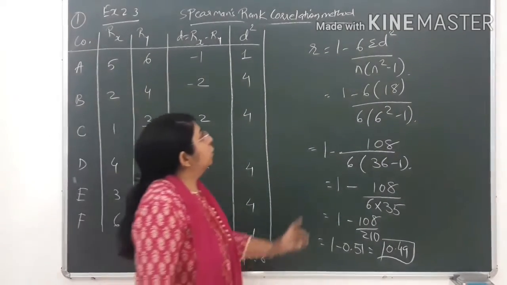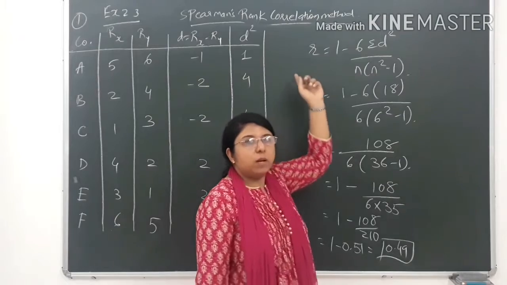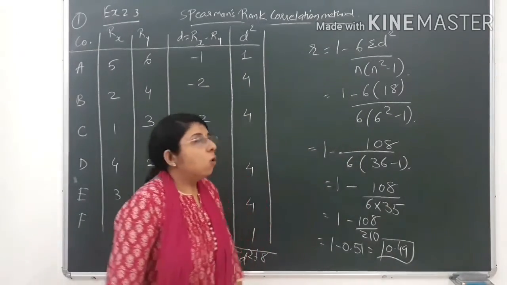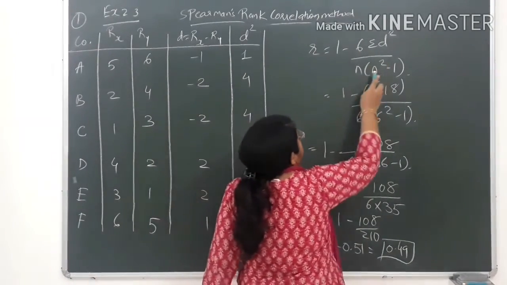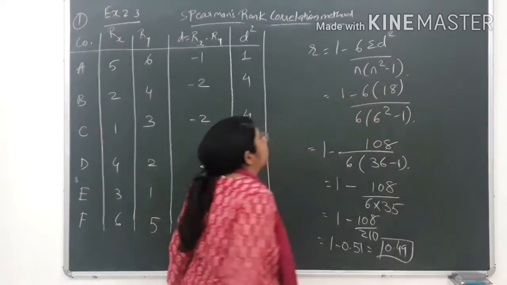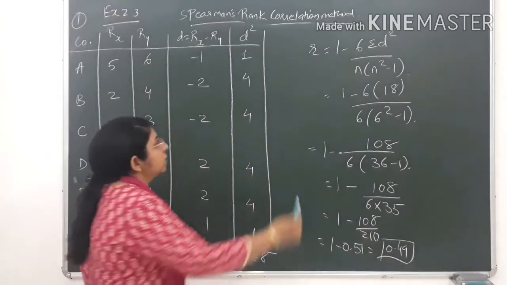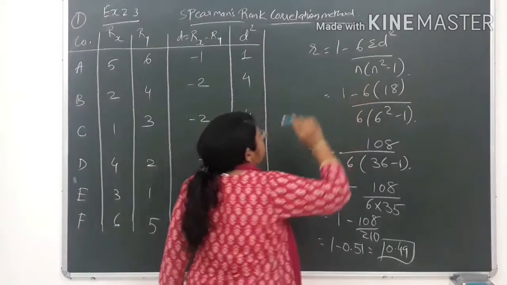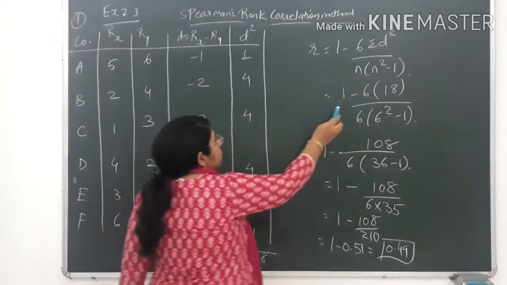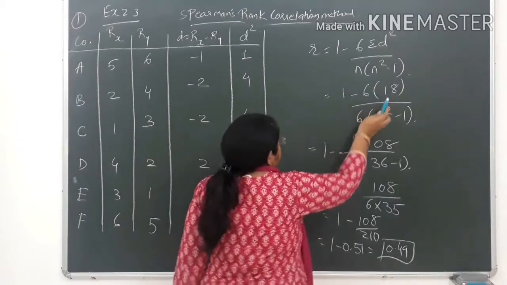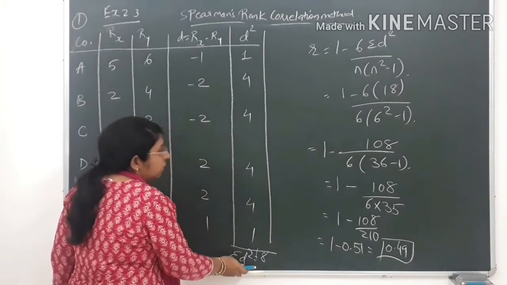After getting that value, revising the formula, R is equal to 1 minus 6 sigma D square upon n into n square minus 1. The 1 is separate, it is not part of the numerator and denominator. So 1 minus 6 sigma D square, and sigma D square we have already found is 18.